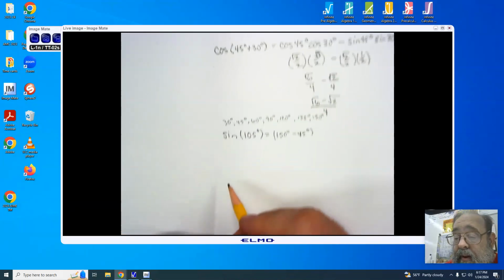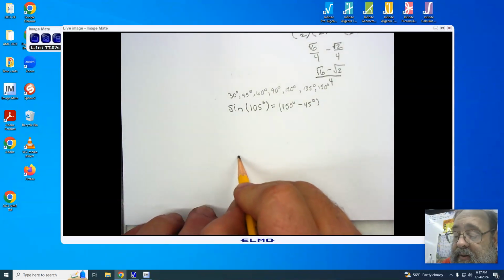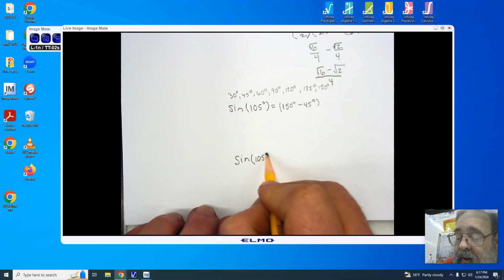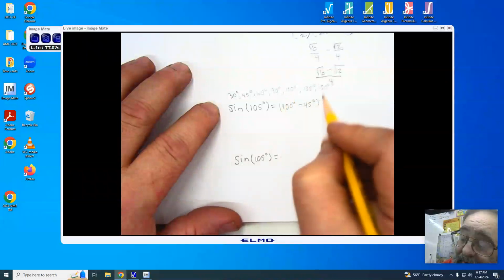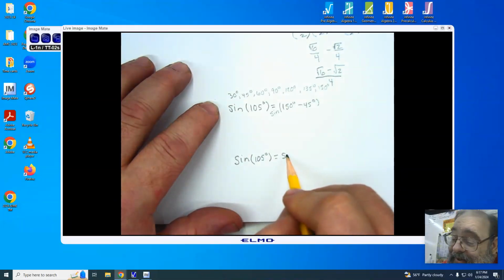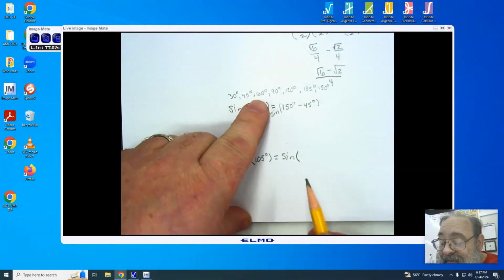The other option that we would have is going to be a sum. The sine of 105 degrees can be made from, and I forgot to put the sine in front, so I should have the sine, and now when I look at it, I'm going to try and use the 60 and the 45.